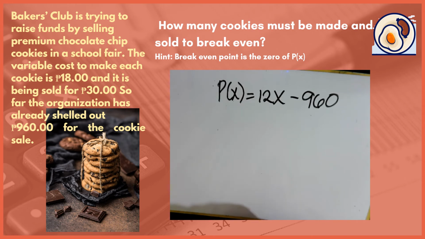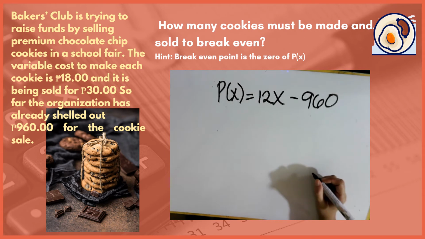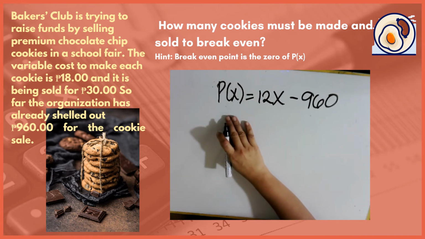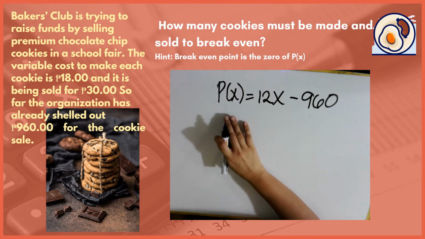Walang kinita, pero nabawi naman yung puhunan, no? So, meaning, magsisiro dapat. Kaya sinabing break-even point is the zero of P of X. Dapat magzi-zero yung ating profit. Walang kinita. Nabawi lamang, sakto lang dun sa inyong pinakanagastos.